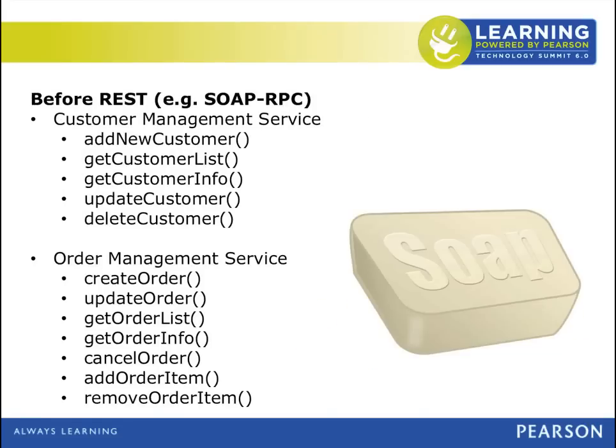So before REST, in the case of SOAP RPC, we'd have a customer management service that had add new customer, get customer list, get customer info, update customer, delete customer, and same thing, whatever whim we had. It's like, get customer info for something, right?